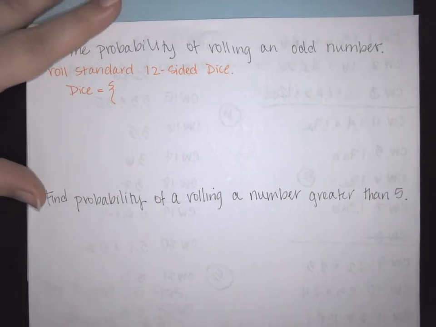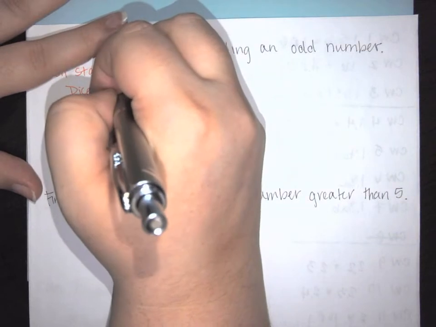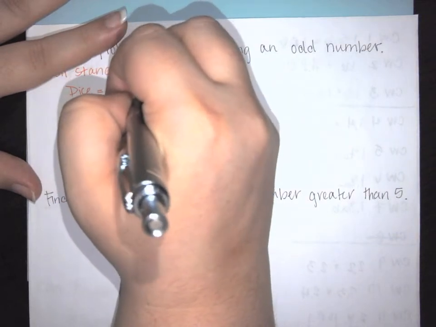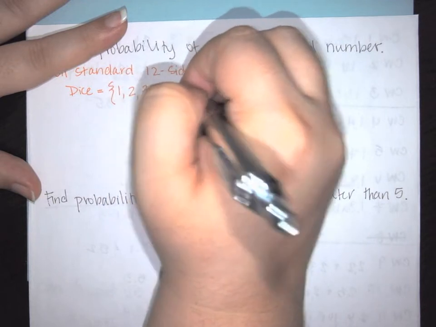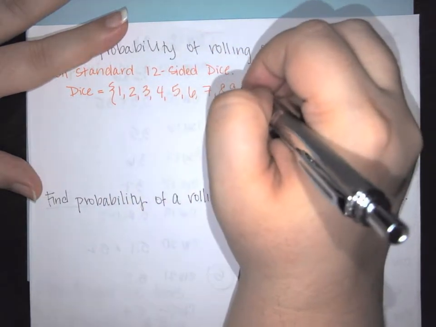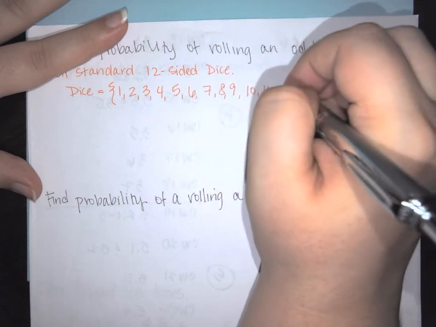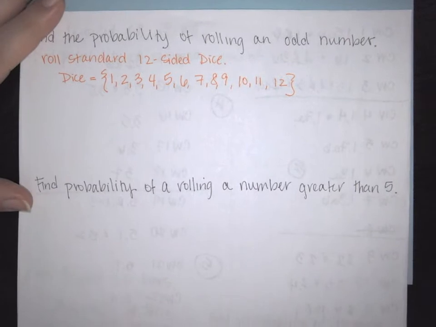In other words, here we're listing the sides. So when we're talking about a 12-sided dice, you would have 1, 2, 3, 4, 5, 6, 7, 8, 9, 10, 11, and 12. So that is actually the set that we are dealing with.